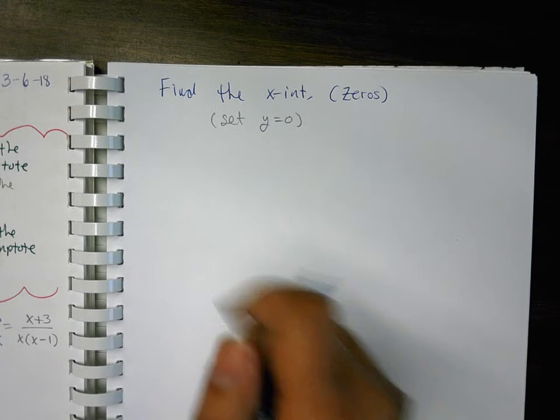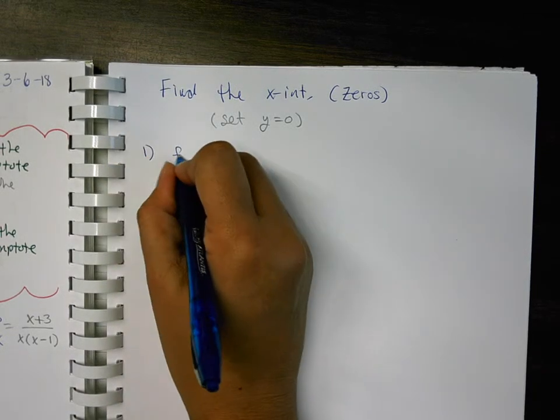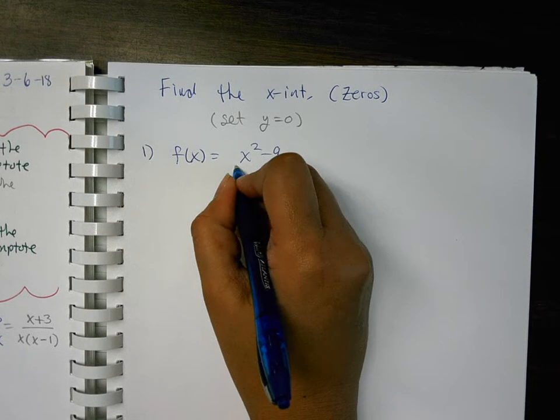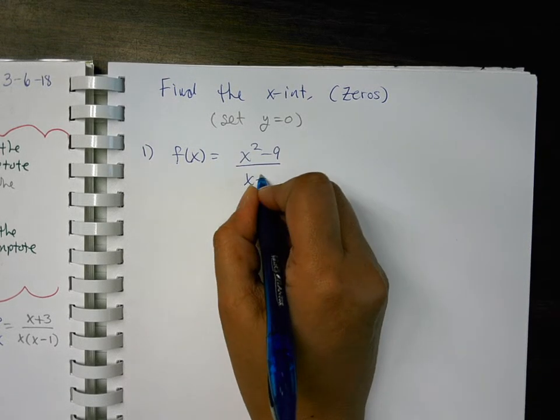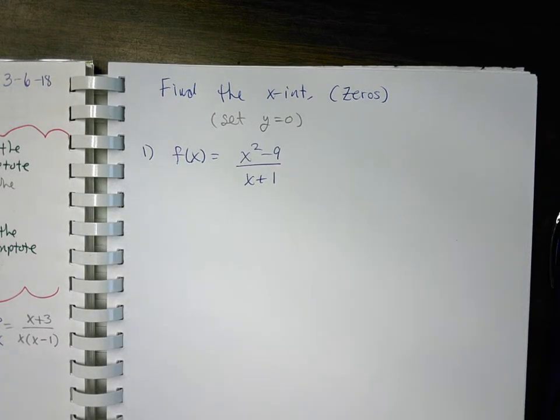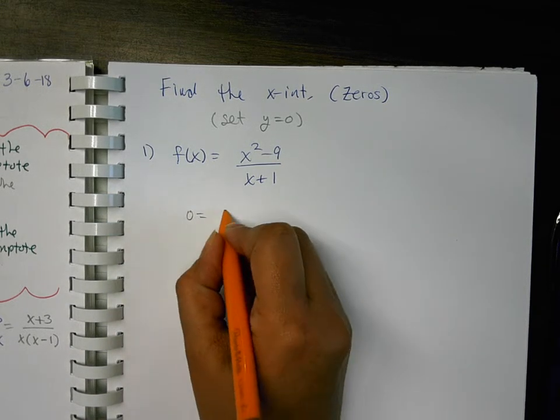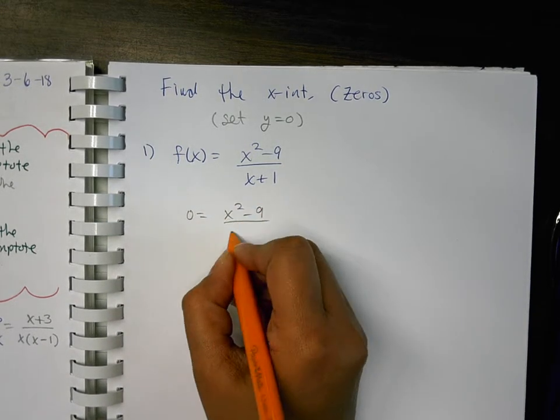Okay, number 1. f of x equals x squared minus 9 over x plus 1. Where is the y in this problem? The f of x. Okay, so 0 equals x squared minus 9 over x plus 1.